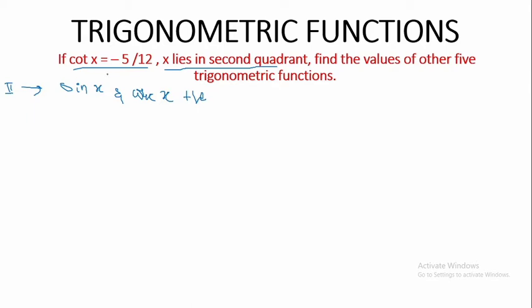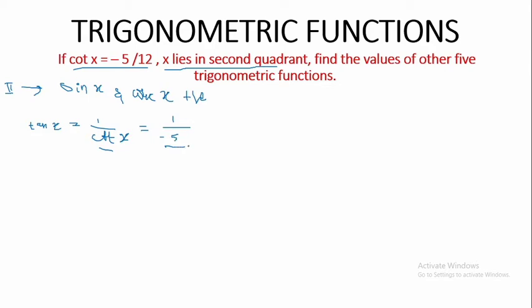So we know cot x is equal to minus 5 by 12, and we know tan x is equal to 1 by cot x. So we'll substitute the value of cot x, that is 1 by minus 5 by 12.